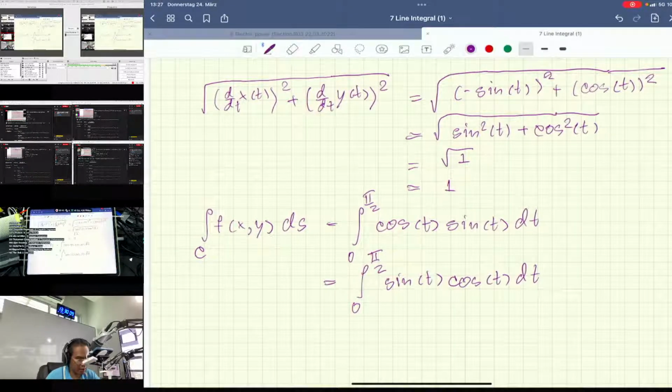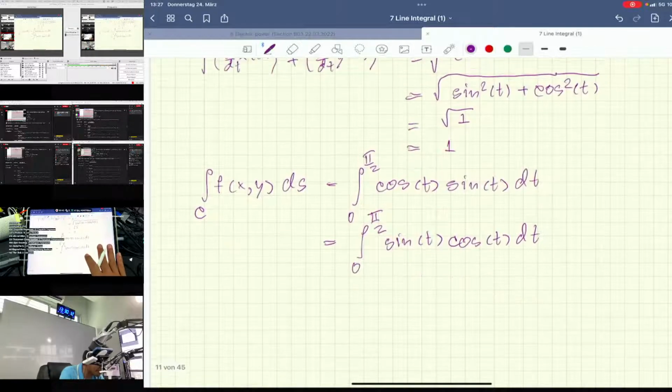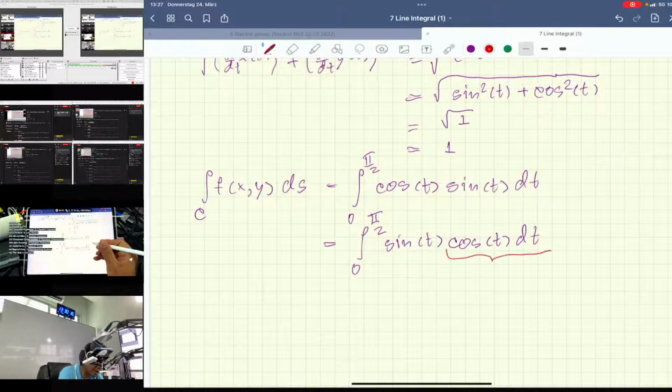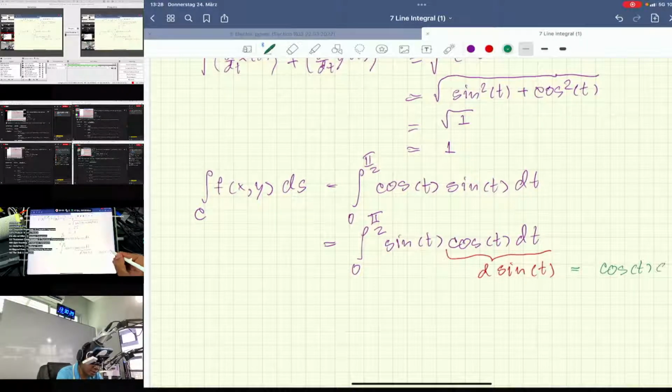And you know that cosine t dt actually means we have d sine t, because d sine t is equal to cosine t dt. Okay, it's exactly the same.